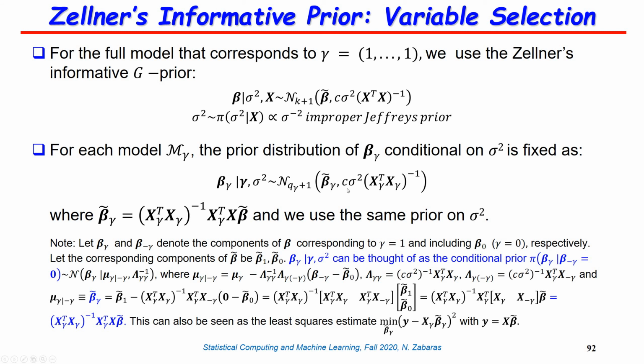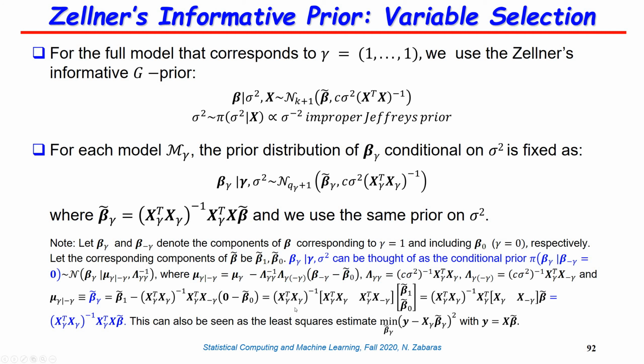Because you see here, I'm using the same C. Now, this is not necessarily a trivial problem. So let me show you two different ways that I can think of for using this global prior model and restricting it to this local prior model for M gamma.